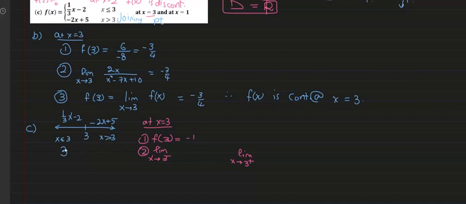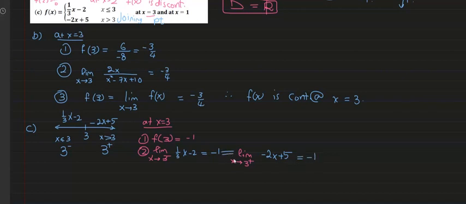From the left, 3 power negative, we will substitute the 1 over 3x minus 2. And from the right, we will substitute it with the negative 2x plus 5. And the first approach is to direct substitute. Here we will have negative 1, and here we will have negative 6 plus 5, which is negative 1.